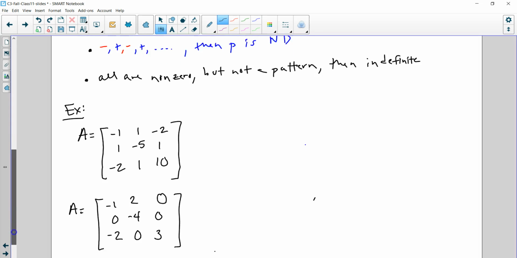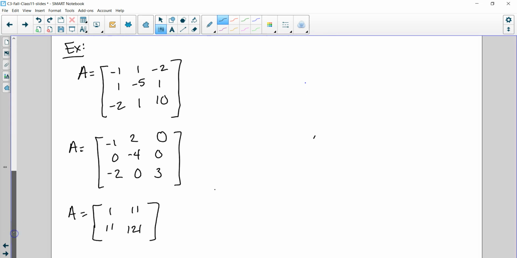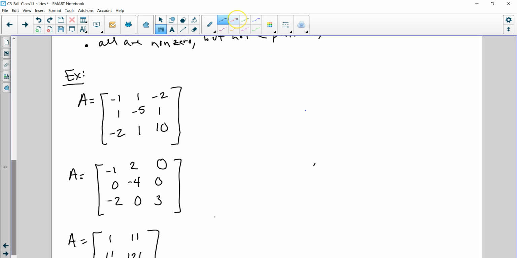Okay, so just a few quick examples. I'm going to look at the sequence of determinants here. What I believe I find is -1 as the first one, and then I look at the second one, 5 minus 1 is 4, and then I believe the whole thing has a determinant of -23.